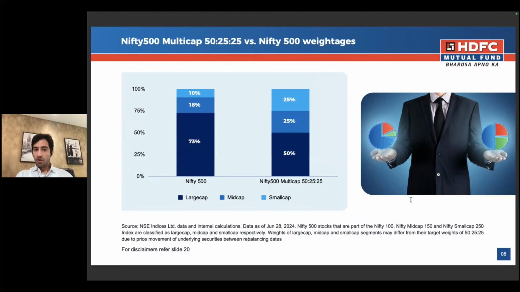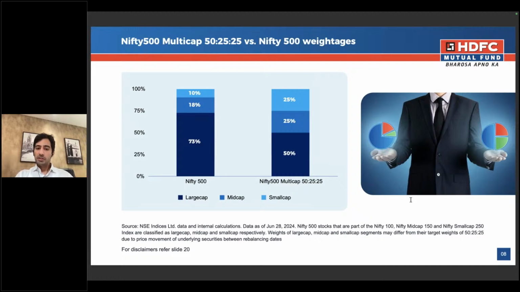So large, mid, small, तीनों segments का exposure मिल रहा है, in one product, because of this more balanced weightage, you are getting the relative stability and the less volatility of large caps. 50% weight उसमें है, and you are also getting the higher growth potential of mid and small cap in total 25 plus 25, 50%. तो आपको एक ही प्रोडक्ट में sort of दोनों चीज मिल रहा है. You're getting that stability from large and growth potential from mid.